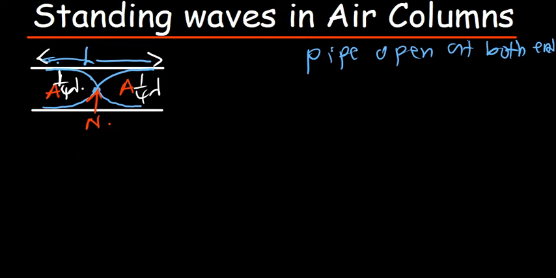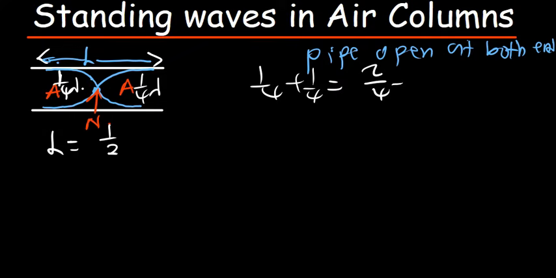We need to add 1/4 plus 1/4, which is going to be L. In this case will be half. If I add 1/4 plus 1/4, the denominators are the same, we add the numerators, 2/4, which is 1/2. So we have half a wavelength.